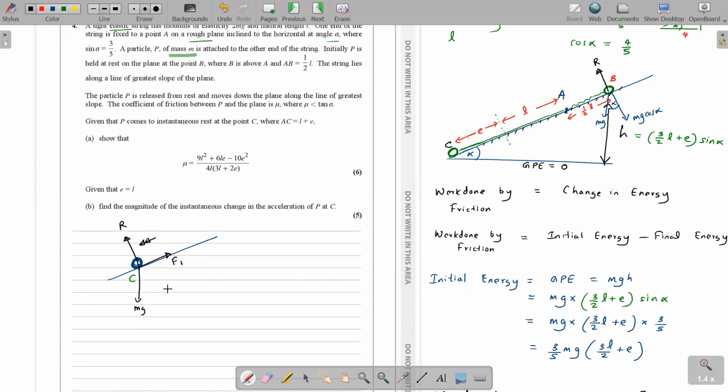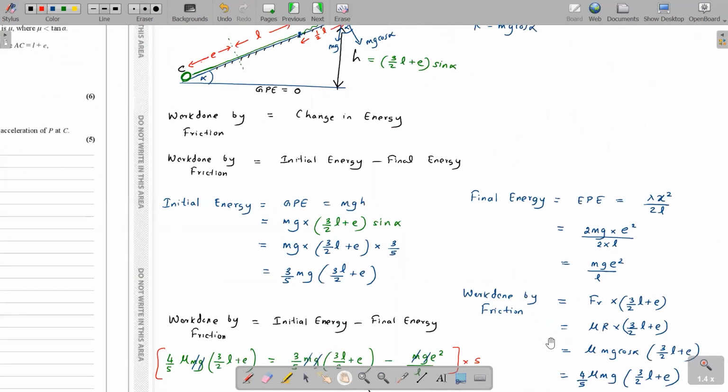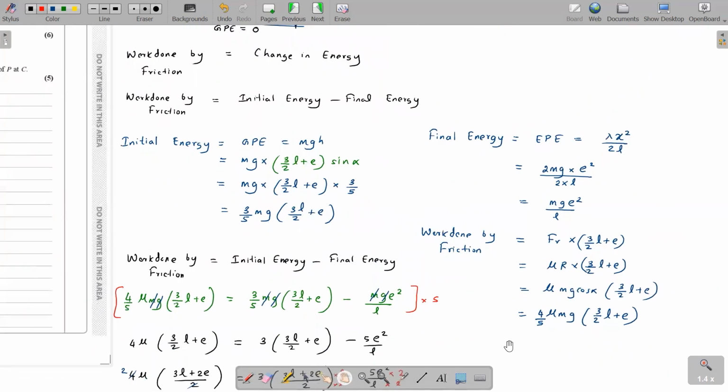So I want to now find the acceleration at this point. Friction, of course, we know is mu R. Did we find friction in the earlier question? Yes, friction is mu R, which is mu mg cos alpha.